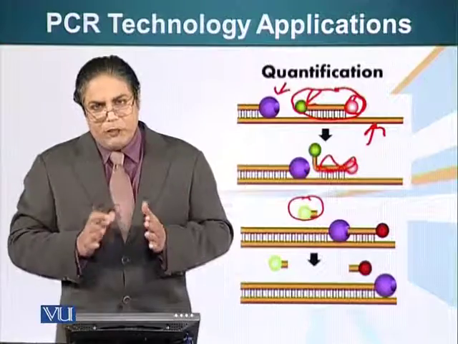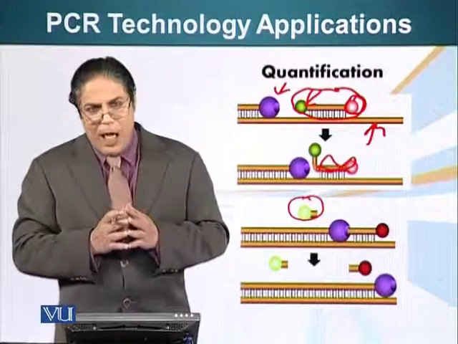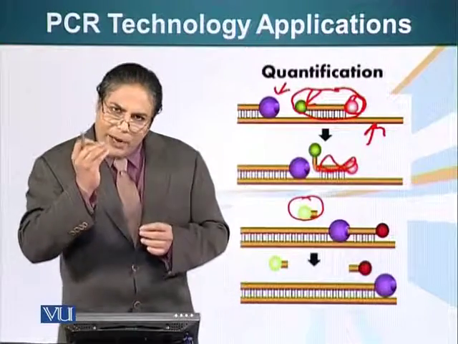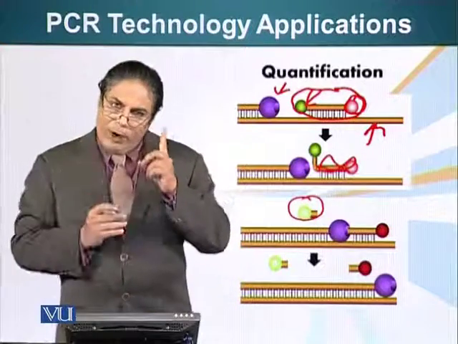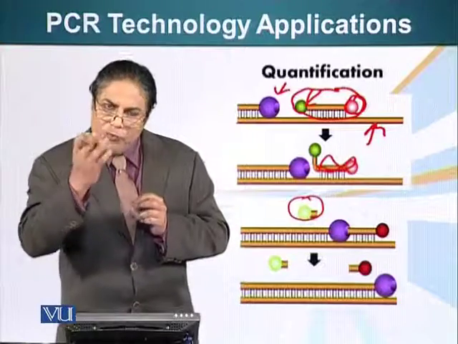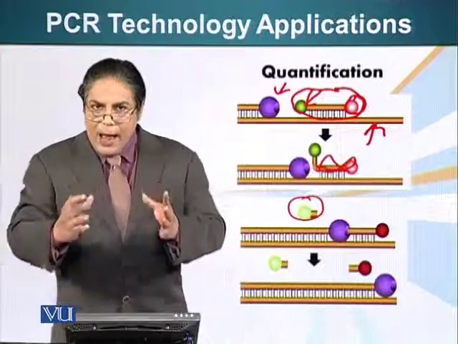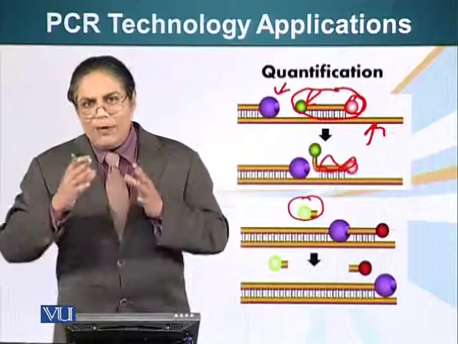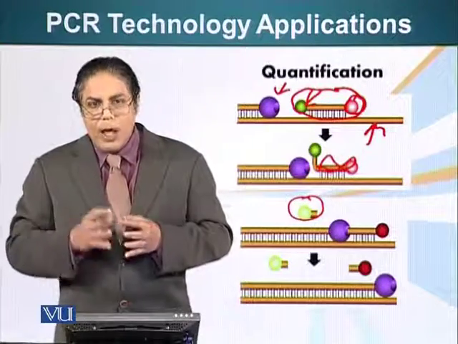This PCR machine, which is used for quantitative PCR, has a very sensitive camera in it. It can detect very minute amounts of light. So now if we originally had one viral DNA in our sample, one light particle or one photon, let's say for the sake of argument, will be emitted. And not only can this camera detect it, it can also quantify it. It will know how many photons were produced.